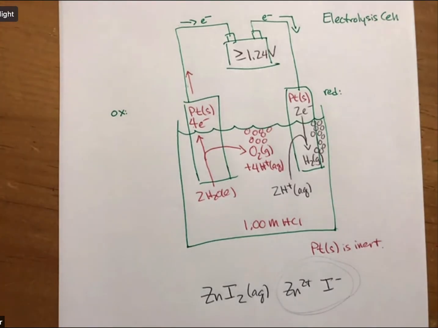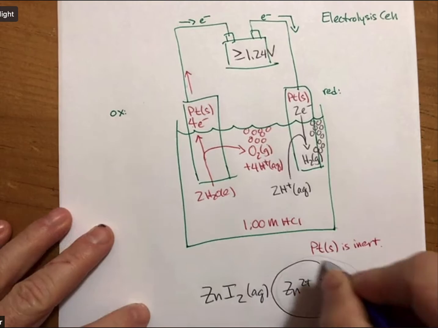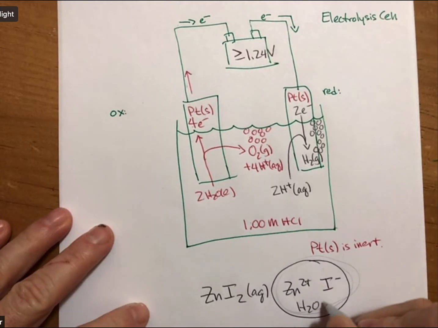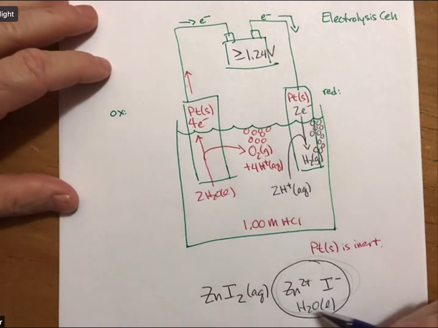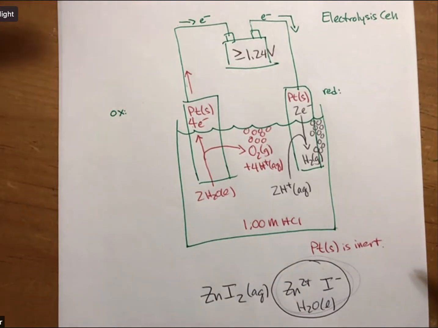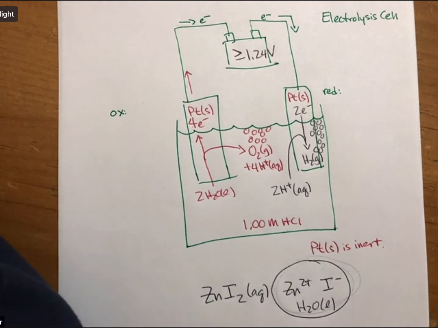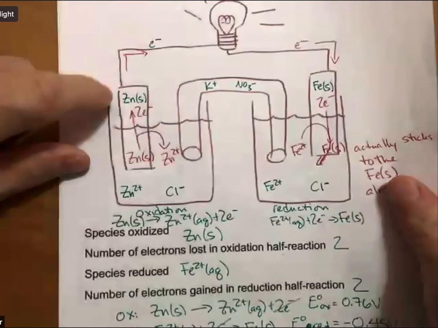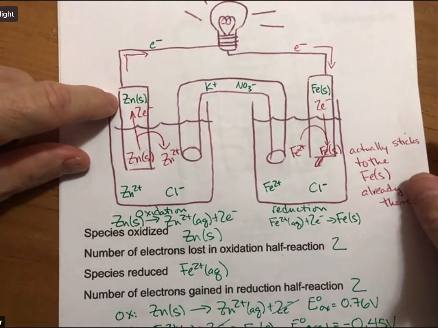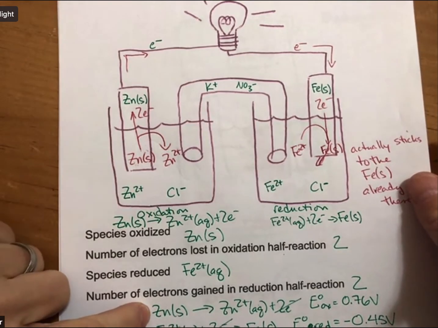Well, here's where it gets tricky. These and water, because you still have water around, right? Are the only things that you can have besides electrons on the reactant side. Because those are the only reactants you have. I know that's tricky, but that's like before when I go back to the voltaic cell, there was one that had zinc. We had zinc, so we could do zinc as a reactant.